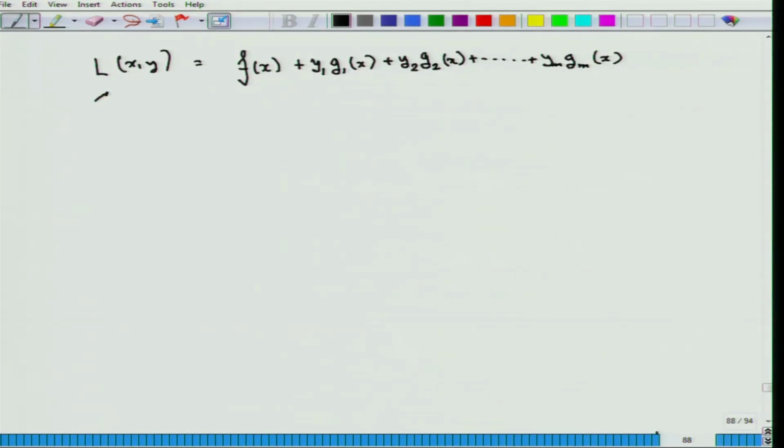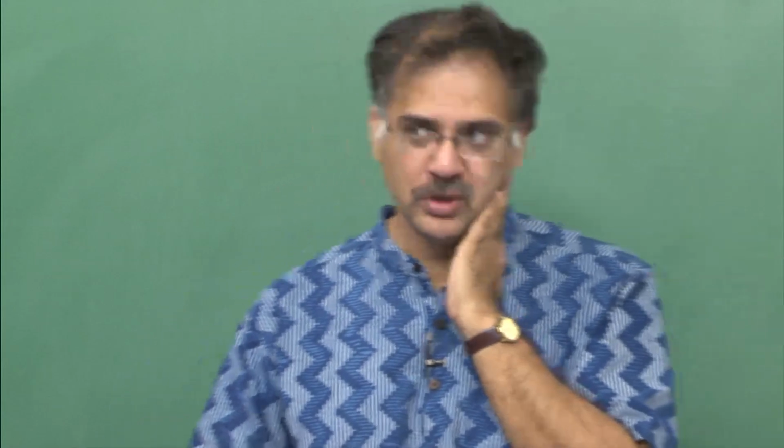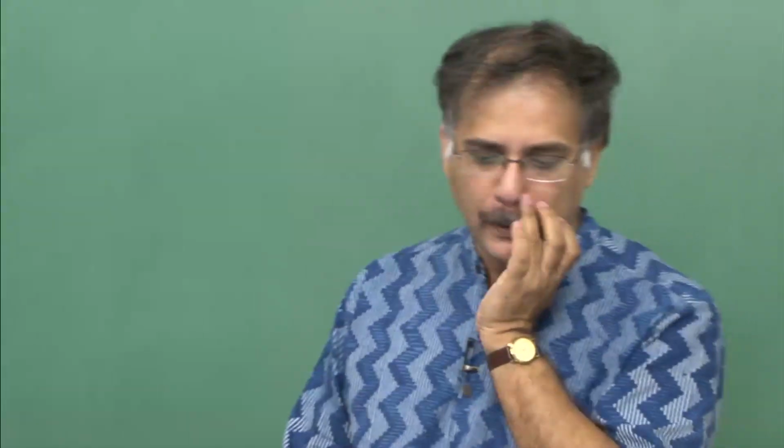Now, suppose x is feasible, and y of course is in R n plus, then this whole portion is negative, less than or equal to 0, non-positive to be precise.